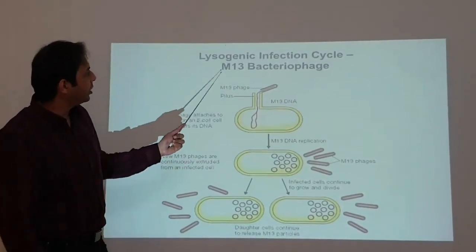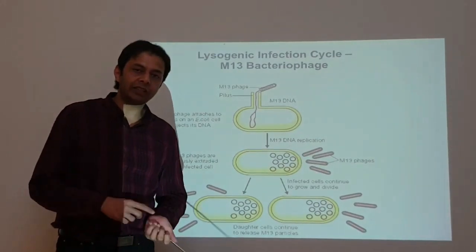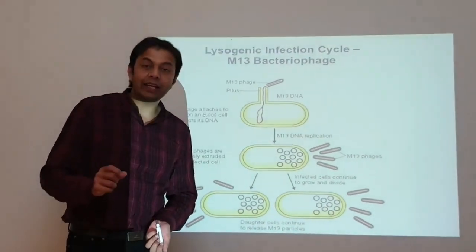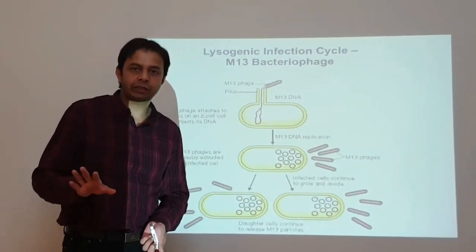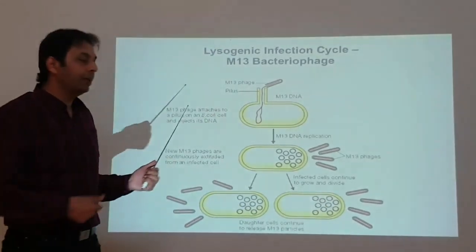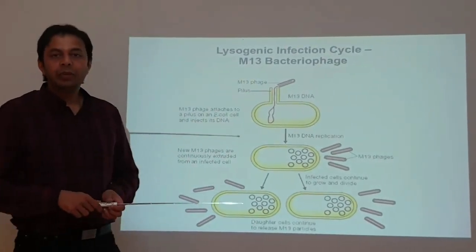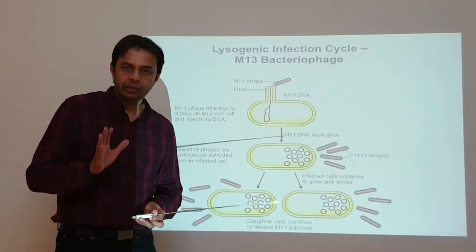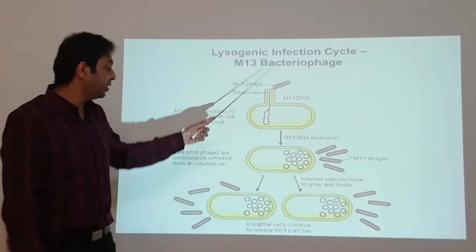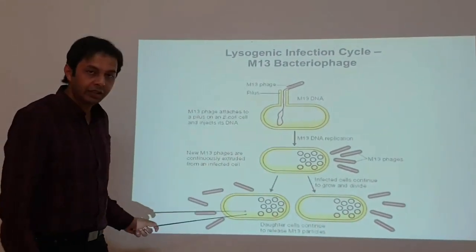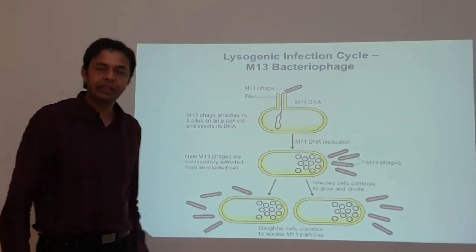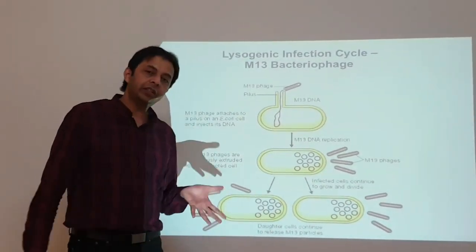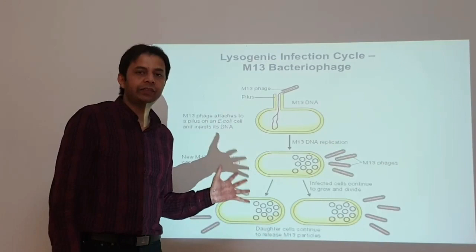So in this type of lysogenic infection cycle, bacterial cell lysis doesn't take place, while in the previous type of life cycle, bacterial lysis takes place. So these are the two major types of life cycle.